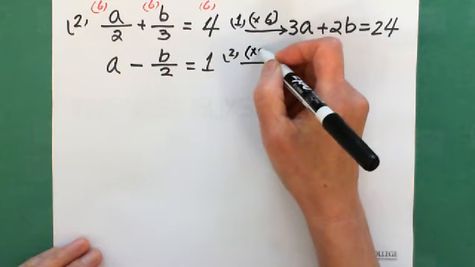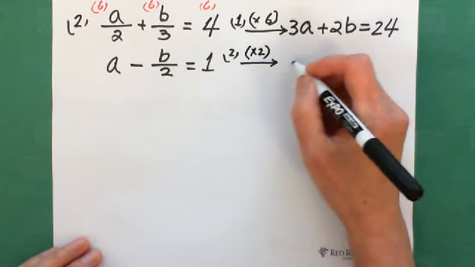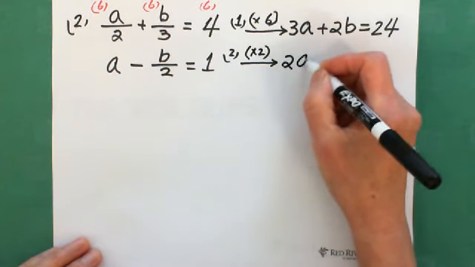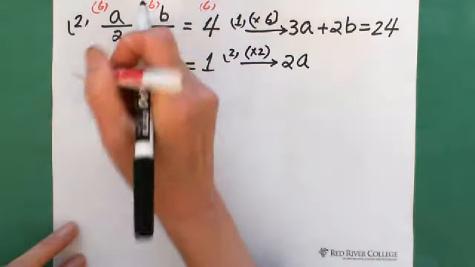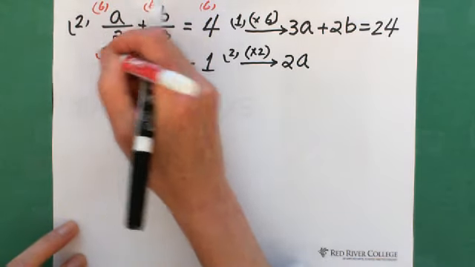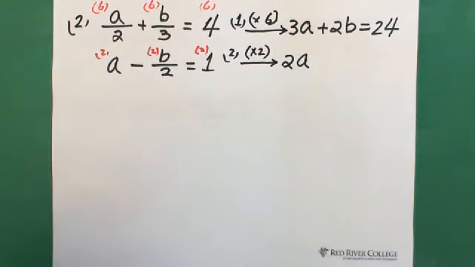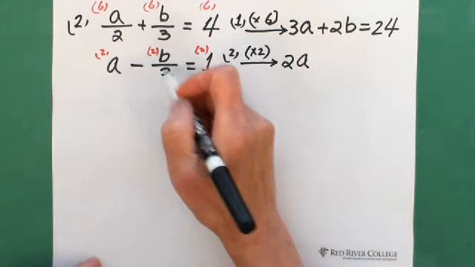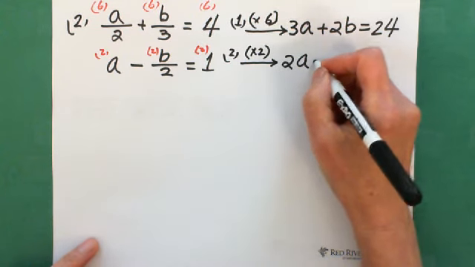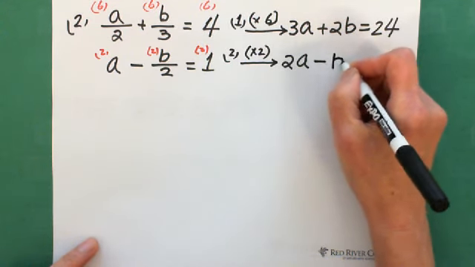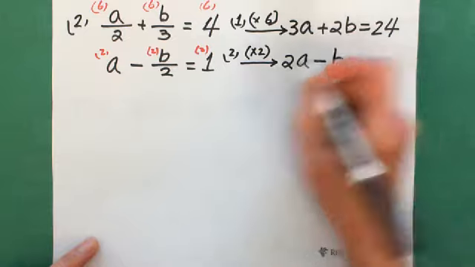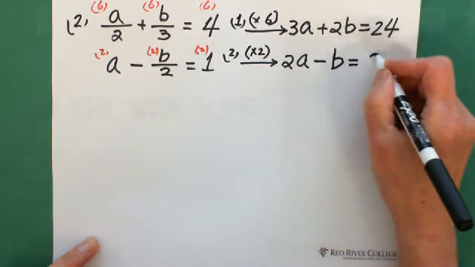You get 2a, then 2 cancels with 2, you get b, and 2 times 1 is 2.